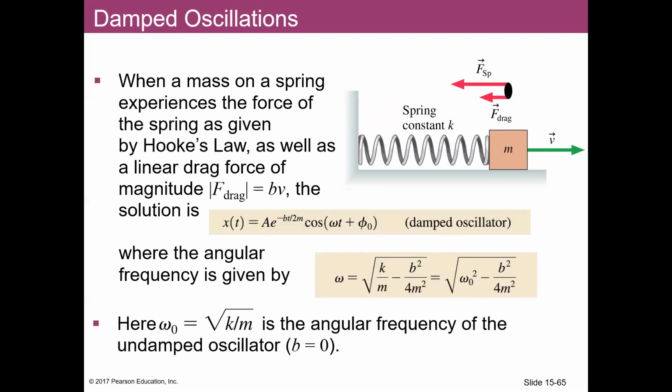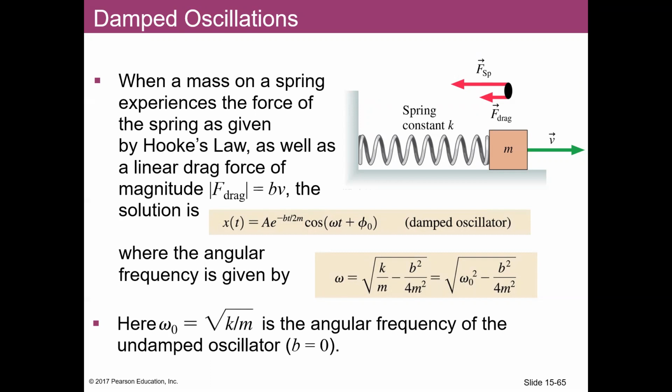It's still a frictionless horizontal surface, and the spring is still an ideal spring anchored to the wall with this specific spring constant, as usual, mass m. But now we're going to turn on a drag force. We're going to have an interaction of the mass with the atmosphere. And again, that force is directly proportional to the speed.